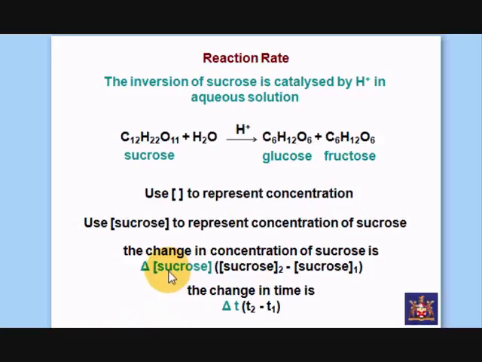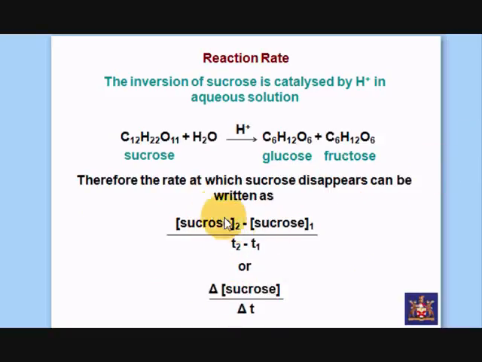The delta sucrose, or the change in concentration, is the second concentration minus the first concentration. The first would have been the initial starting concentration, and the second concentration would be after some reaction time. The change in time is time 2, after time has elapsed, minus time 1 at the start point, and that's our delta T, or change in time.